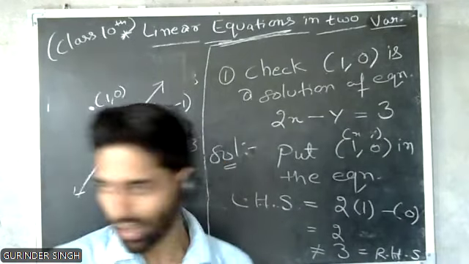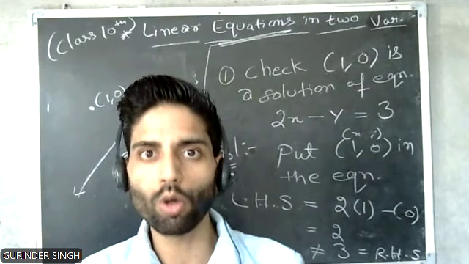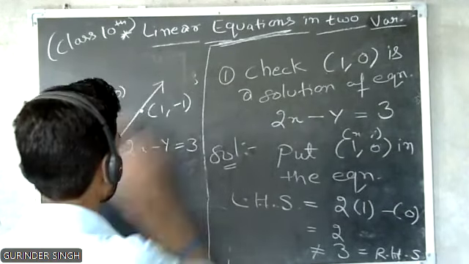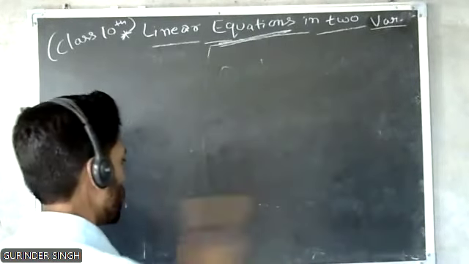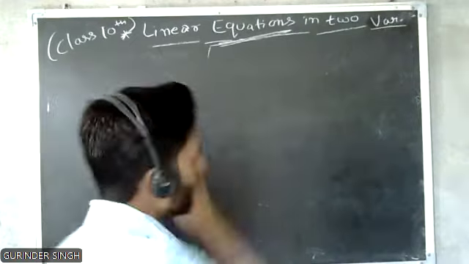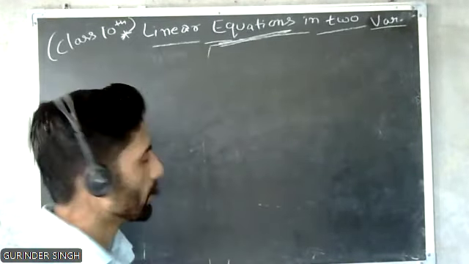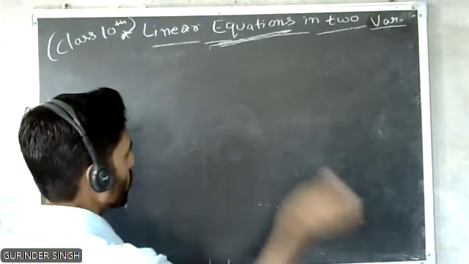So now I'm going to show how you can draw the graph of a linear equation in two variables. Okay, let me do this. Now the things are quite easy, right? Let me write the statement first.